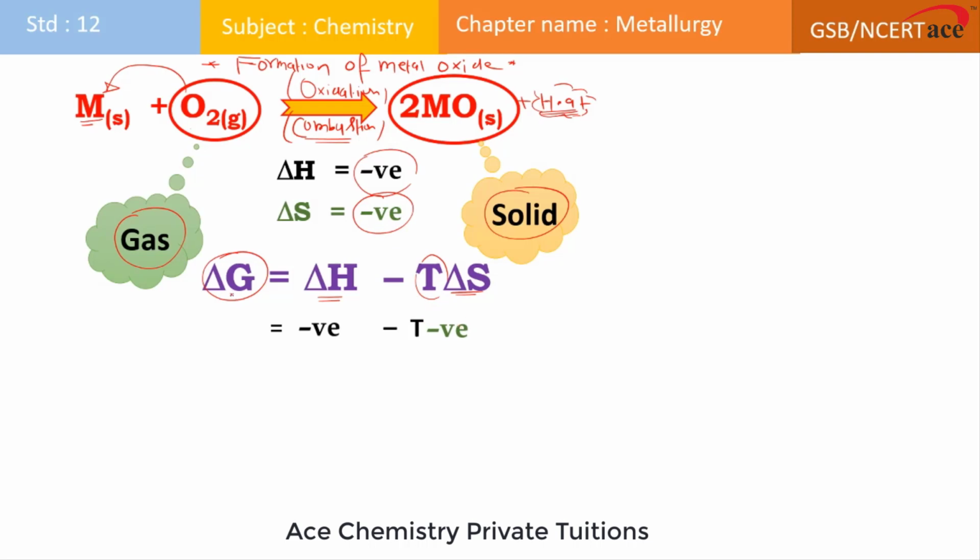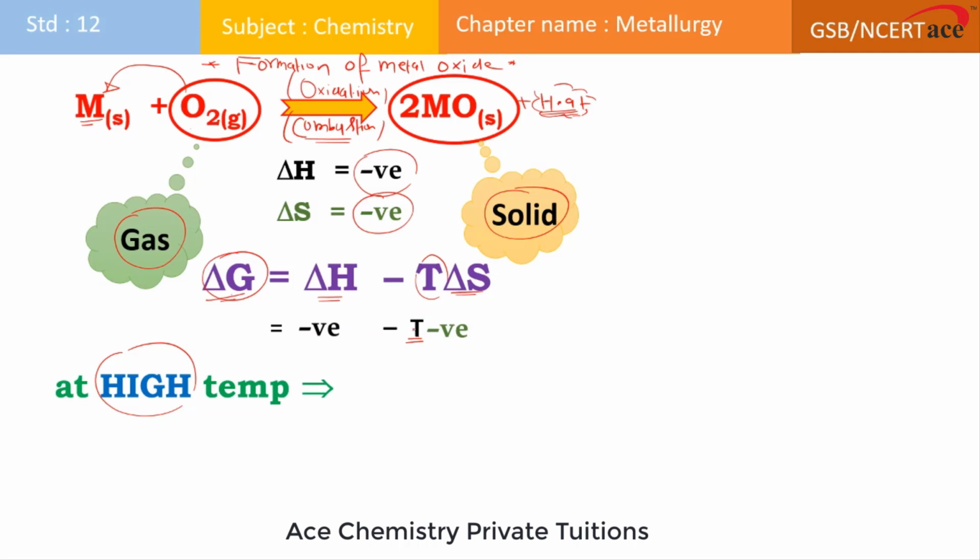So if you want to make delta G negative, to make the reaction spontaneous, the temperature value should be low. If you increase the temperature, then what will happen?